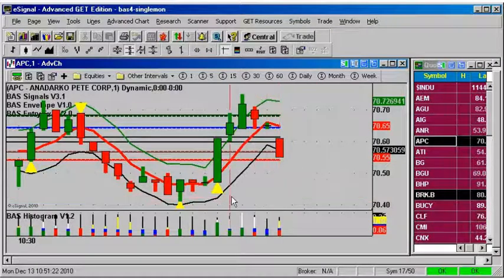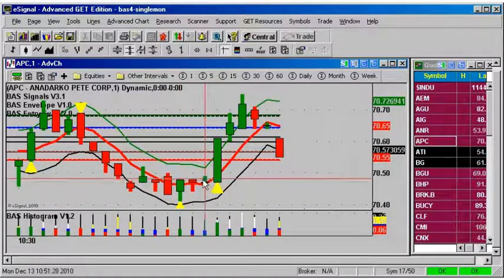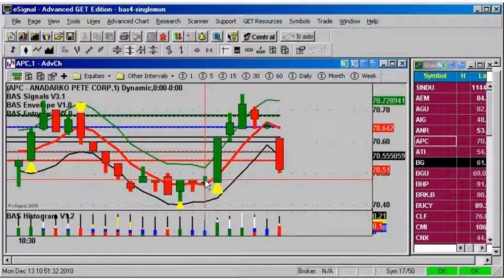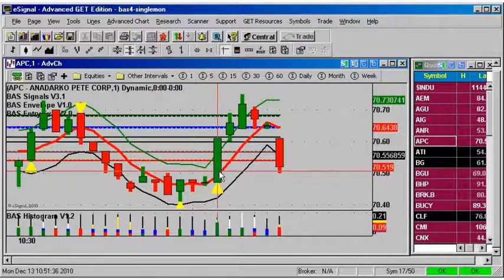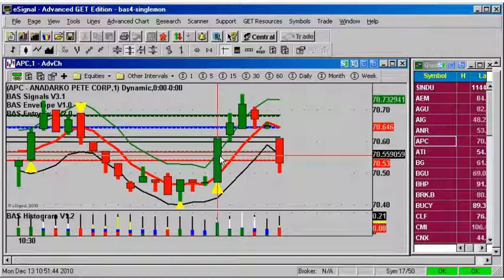I personally, on this trade, probably would have gotten in on this green bar, being a little more conservative. And if I'd waited and got in on this one, I'd have got in on this bar because it's so strong, showing which is probably an uptrend coming.